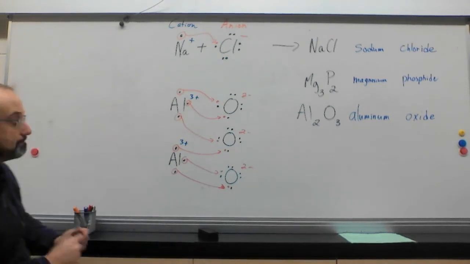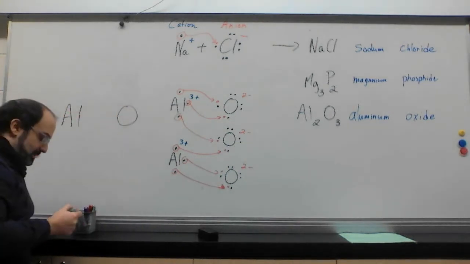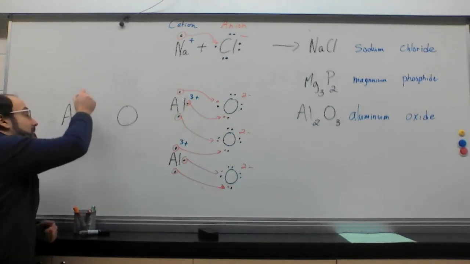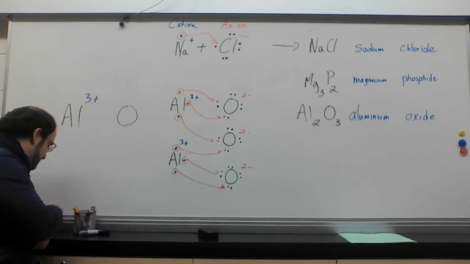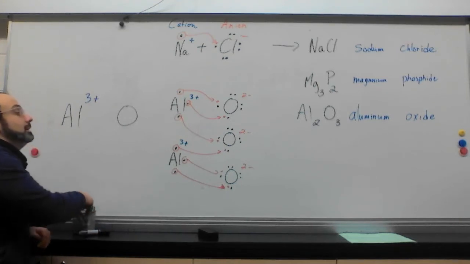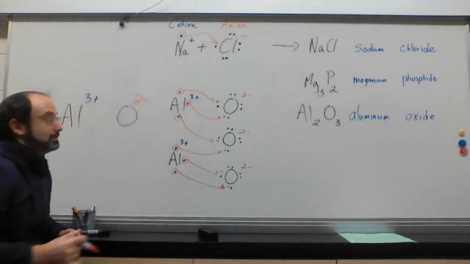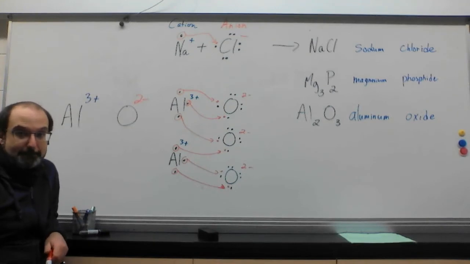Let me show you. Aluminum and oxygen. Okay, we already know the answer, but there's a shortcut, as I said. The aluminum, as we already said, is going to be 3 plus because it's in the nitrogen family, and the nitrogen family is always behaving the same. Oxygen, on the other hand, is going to be 2 minus because it's in the oxygen family, and the oxygen family is always going to be the same.